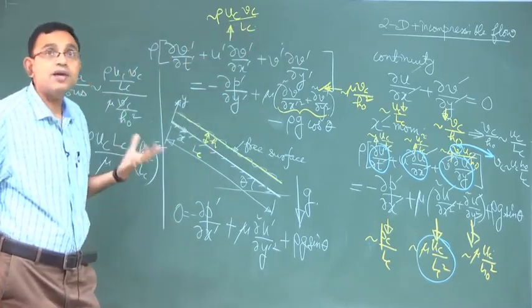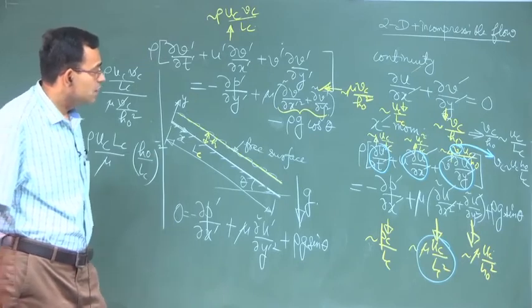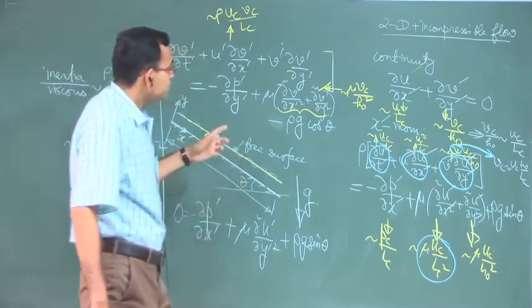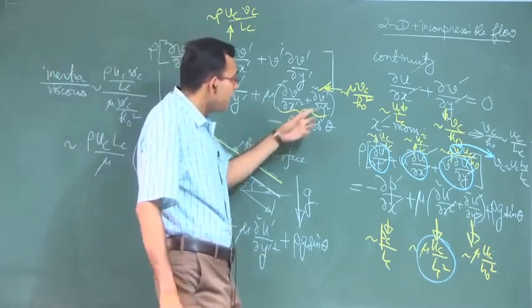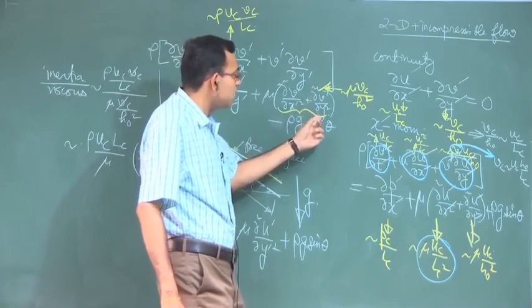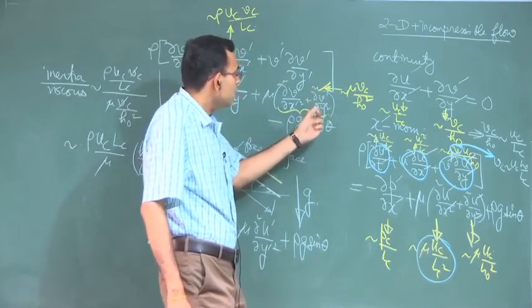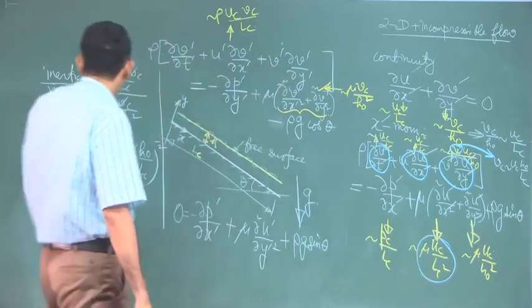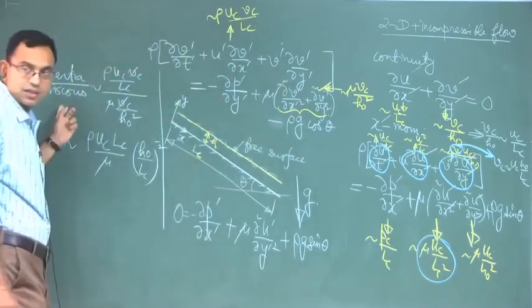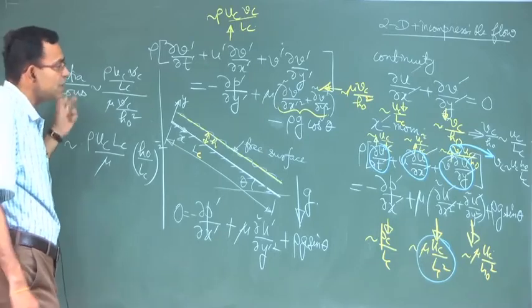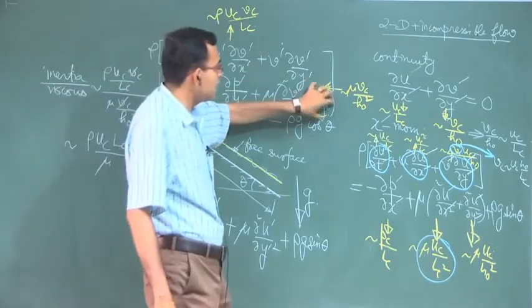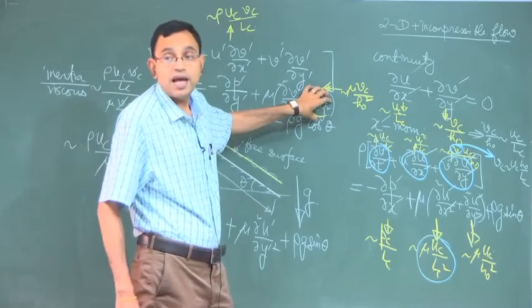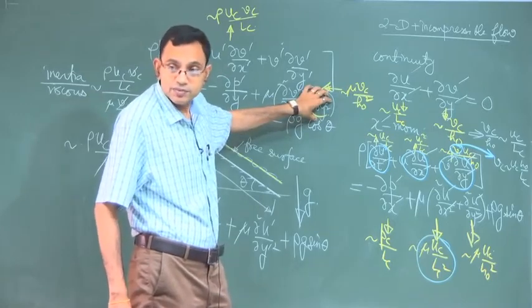Regarding the viscous effect, the big question is, we have considered this term to be more important as compared to this term, right. That is what this inertial by viscous tells us, that inertial is negligible. So, this term is the highlight. Now, is this highlight itself a significant highlight?